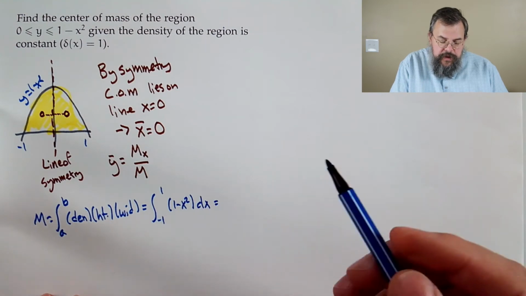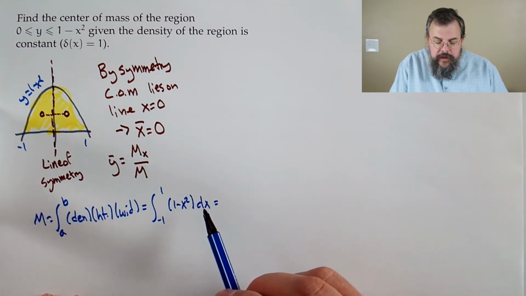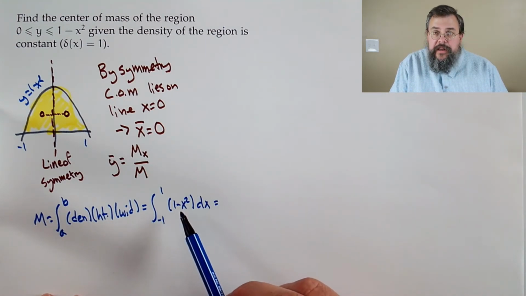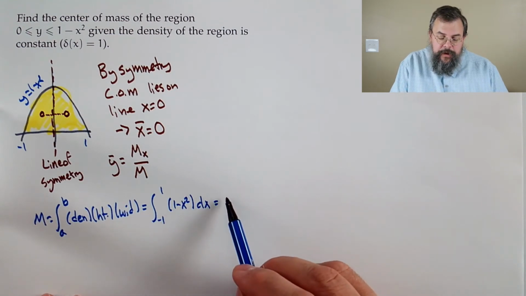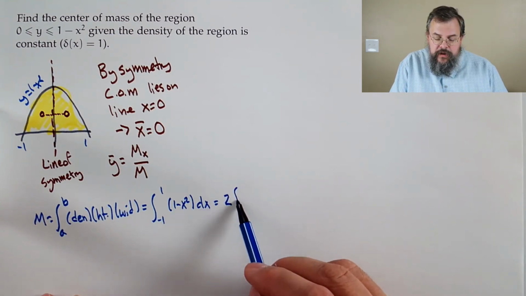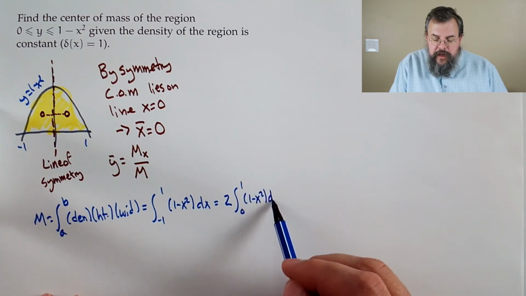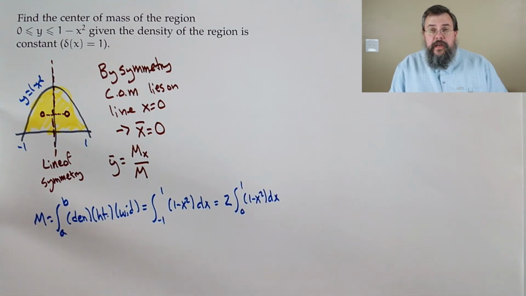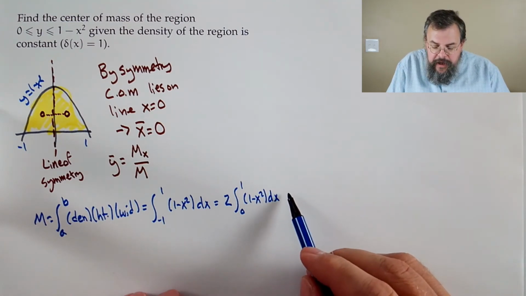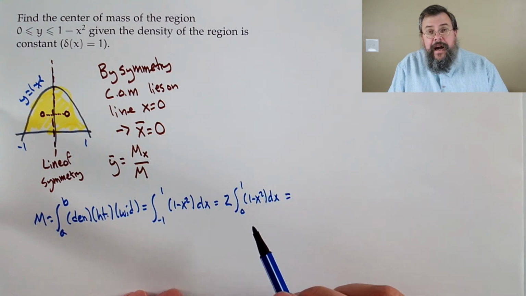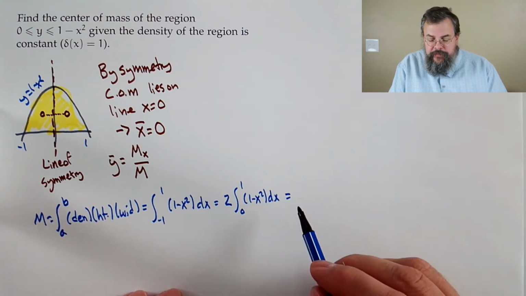and dx. Well, we can just integrate that. Let's just use the fact that this is symmetric. So we can say, well, look, this is really 2, integral 0 to 1, of 1 minus x squared. And that's because our function 1 minus x squared is even. It doesn't feel like it saves a lot of work, but I really like plugging in 0. That's why when I can, I like to get 0 involved in the problem.